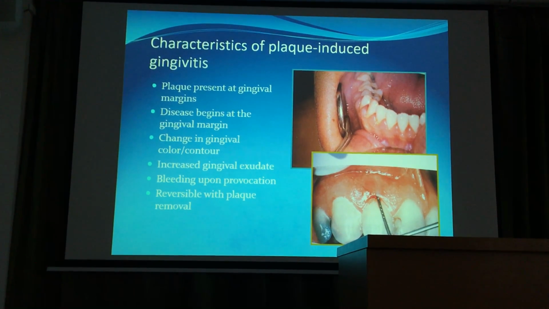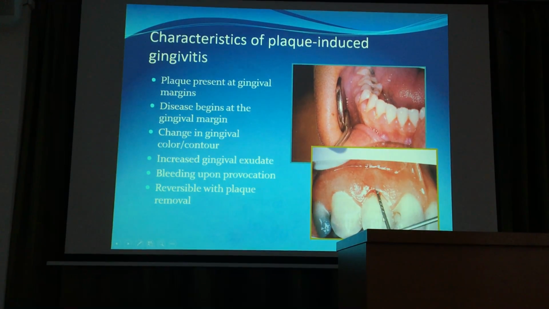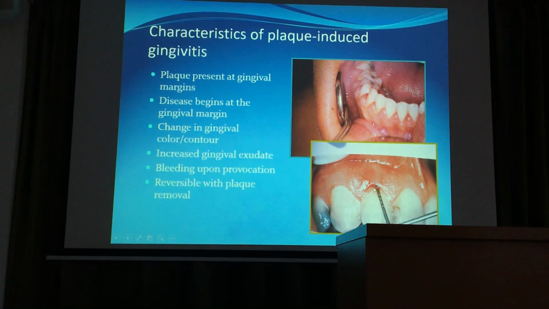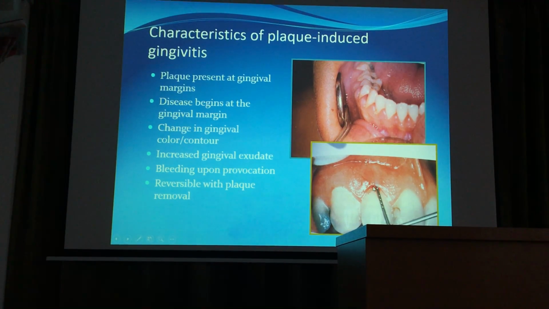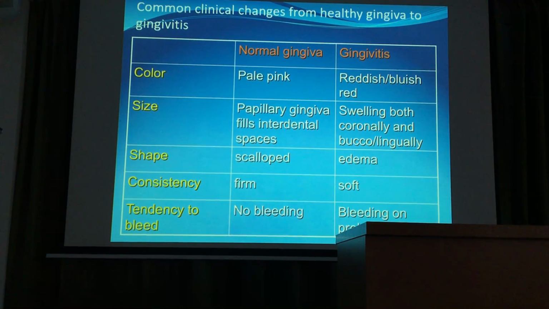So that is the source of the bleeding. It's not irritation with the probe, it's due to inflammation. So bleeding during probing, bleeding during tooth brushing, this is the characteristic sign of inflammation. Okay, please memorize these things.